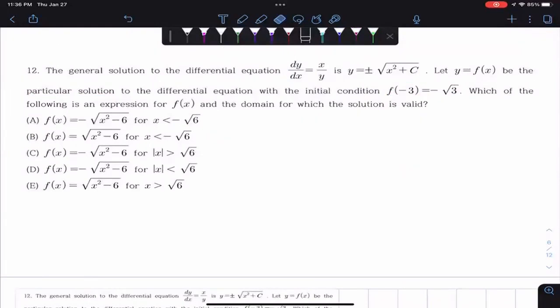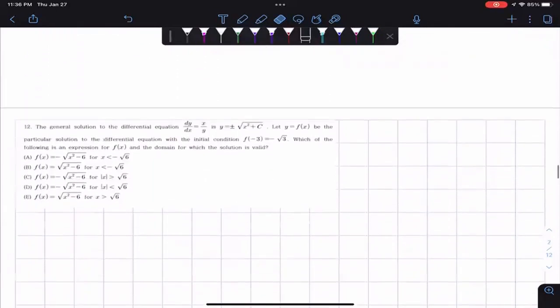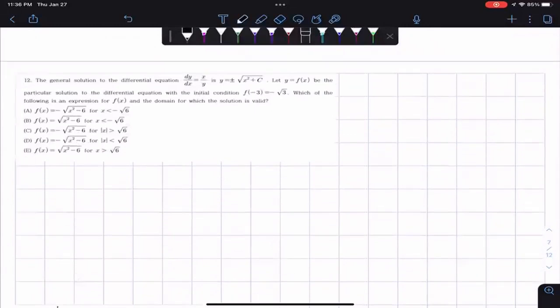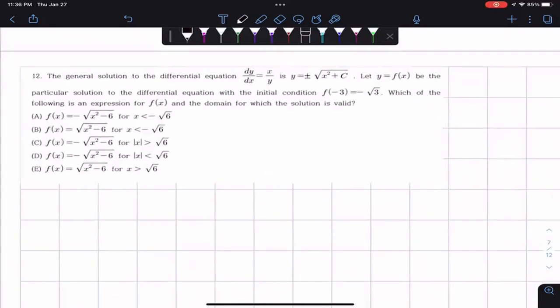Let's solve this problem 12. The general solution to the differential equation dy over dx equals x over y is y equals plus or minus the square root of x squared plus c.